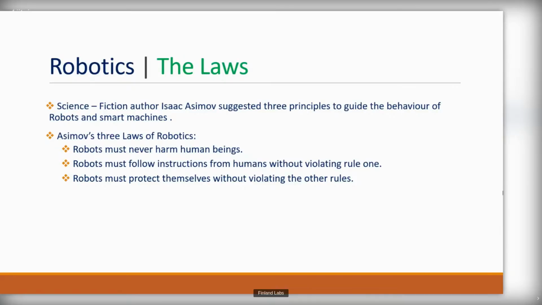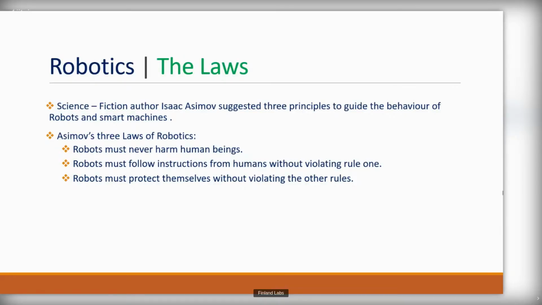So basically, it must not harm a human being, whatever the condition is. The second one: it must follow instructions from humans without violating rule 1. So it has to follow the human's instruction, but if the human says go and harm that person, it should not do that. So it should follow the instruction without violating rule 1.